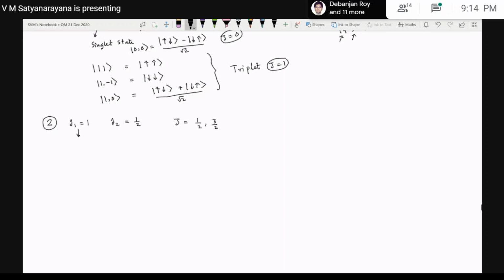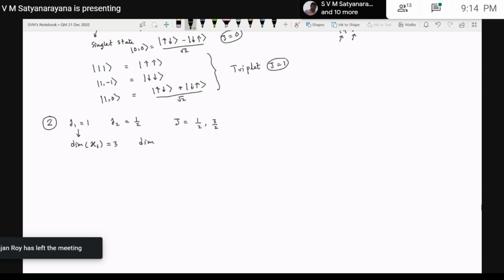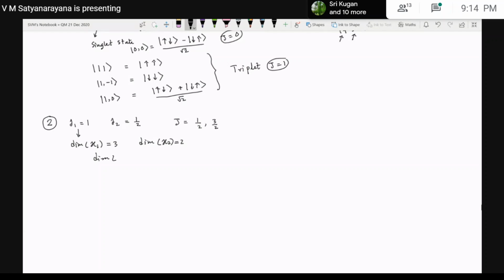So the dimension of Hilbert space 1 is 3, the dimension of Hilbert space 2 is 2, and the dimension of the composite Hilbert space is 6. Here you have a 2-dimensional and a 4-dimensional block, so the 6 can be written as 2 plus 4. So let us try to write this. Basis 1.